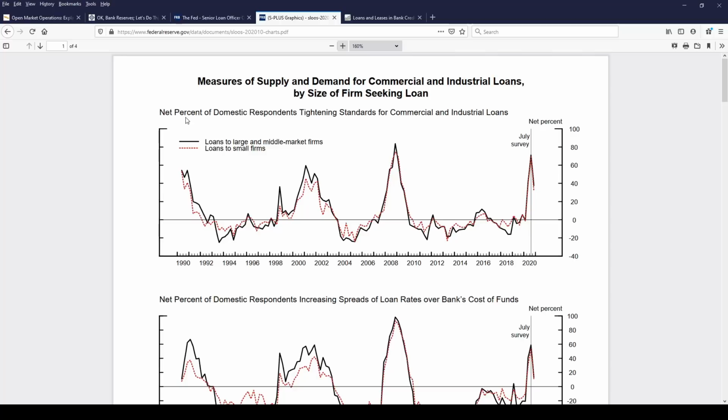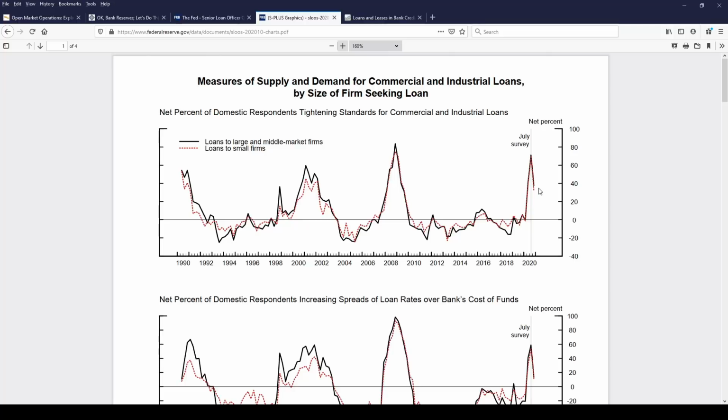So you can see the net percentage of domestic respondents tightening standards for commercial and industrial loans. The way you read this chart is when it's over the zero line, it indicates that conditions are tightening. So even though you see the graph going down, it's that they're tightening at a lower rate, but it is still a net tightening.